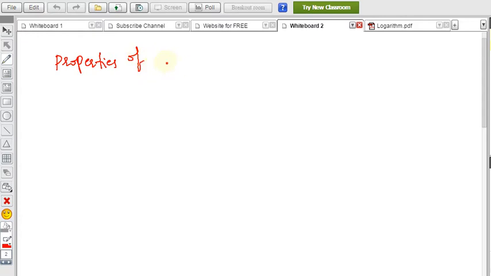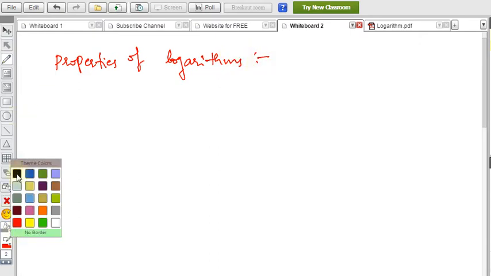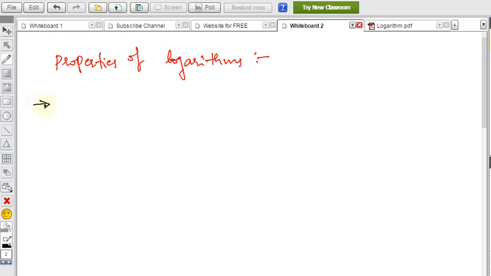Properties of logarithms. We'll see them in detail one by one.